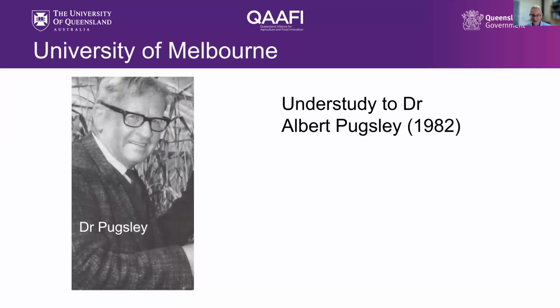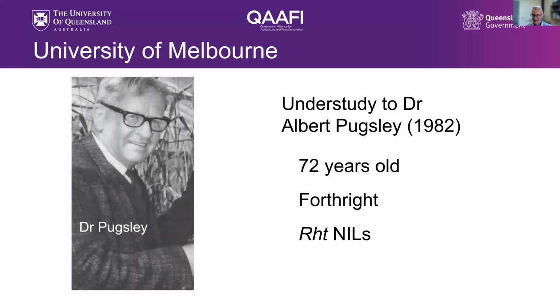And Dr. Pugsley was at the time one of the most well-known wheat breeders in Australia. He was 72 years old at this stage. He was forthright, some would say cantankerous, and he developed these set of near isogenic lines with the RHT genes in a triple dirk background, and they were ready just for physiological dissection.